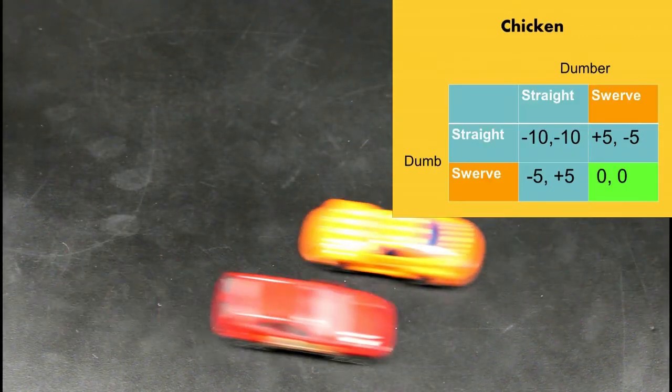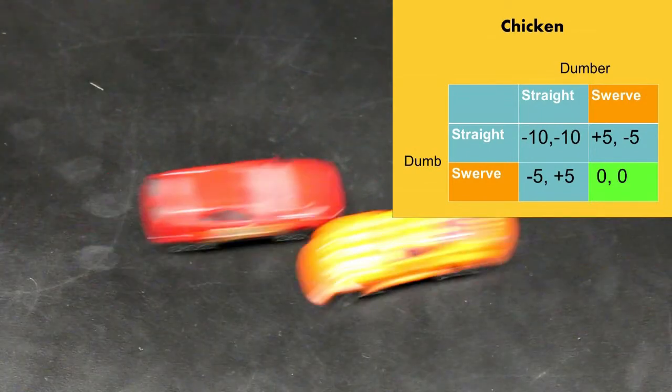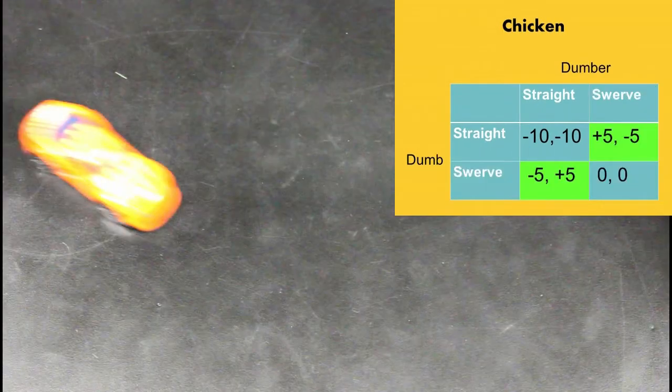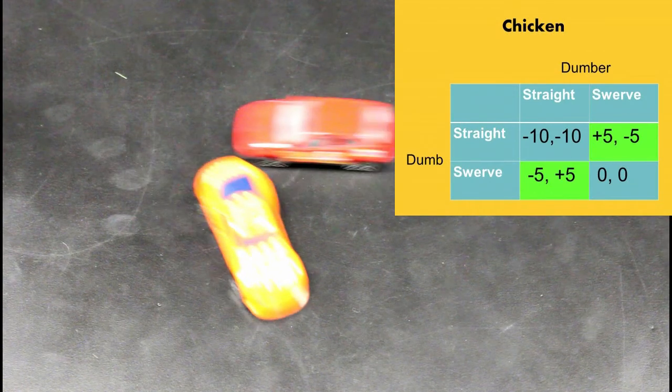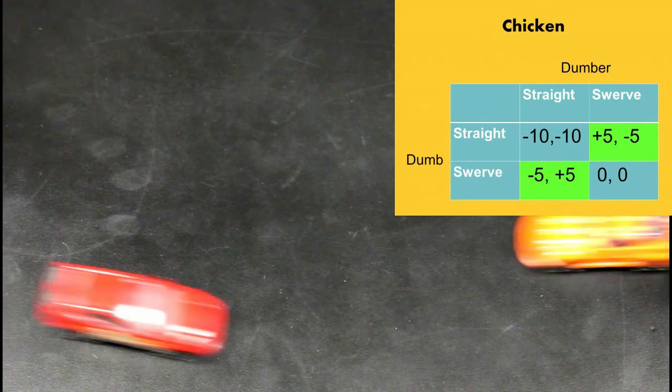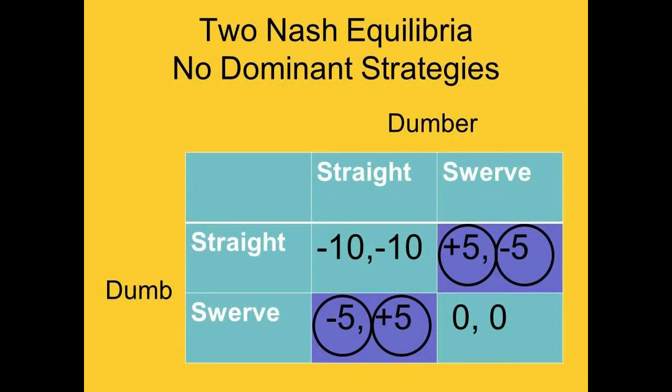If they both swerve, they neither gain nor lose any utility as a result of the game. But if one swerves and the other doesn't, the one who swerved loses utility and the one who went straight gains utility. This game has no dominant strategies and two Nash equilibria, both of which involve one player swerving and the other player going straight.